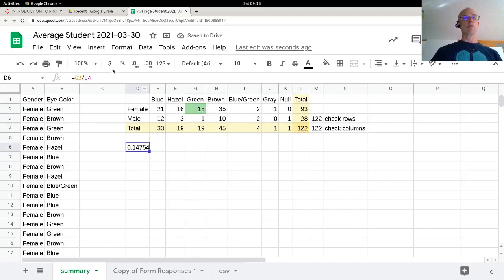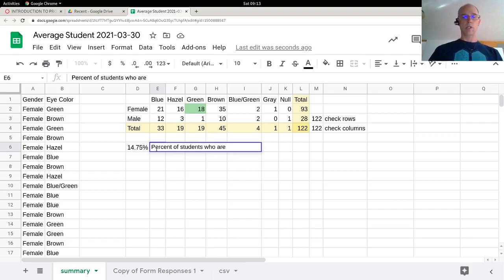We can then reformat that as a percent and state what it means here. So percent of students who are female with green eyes.